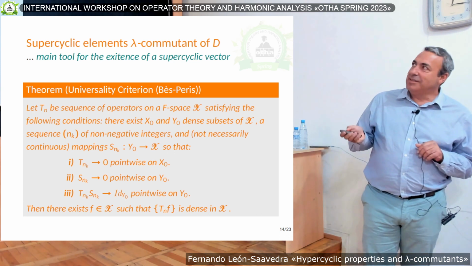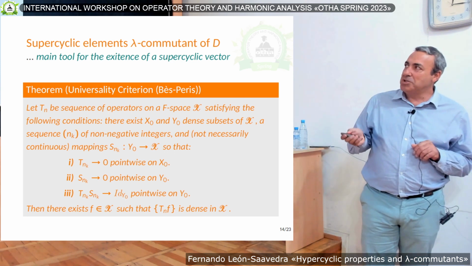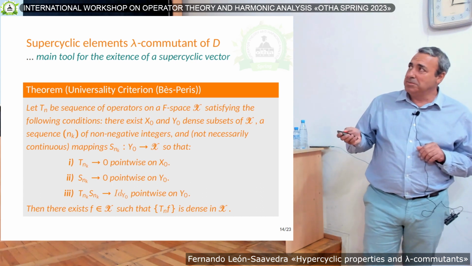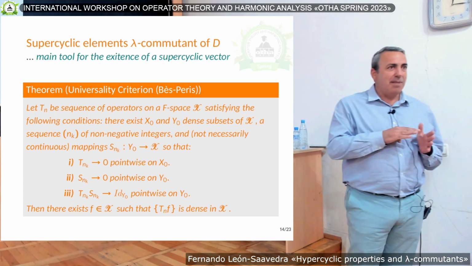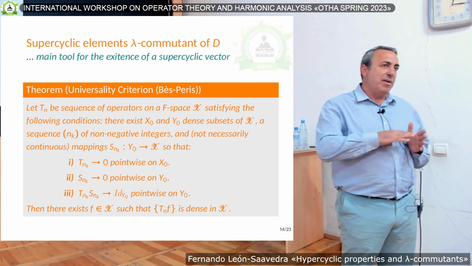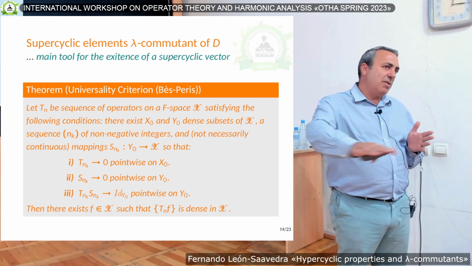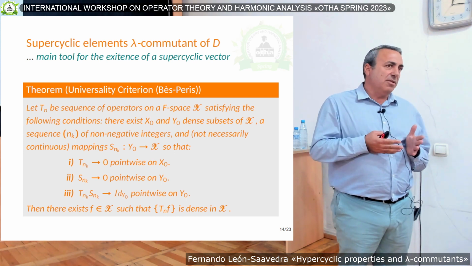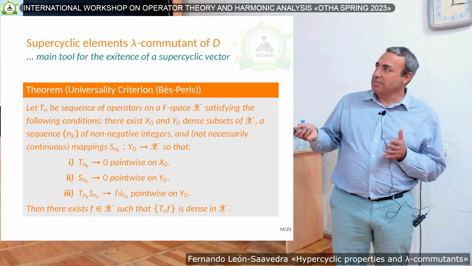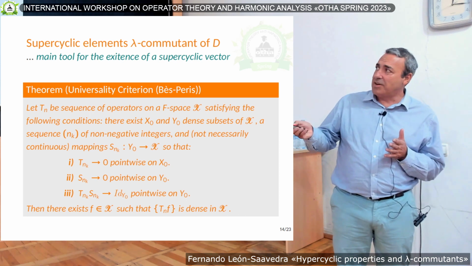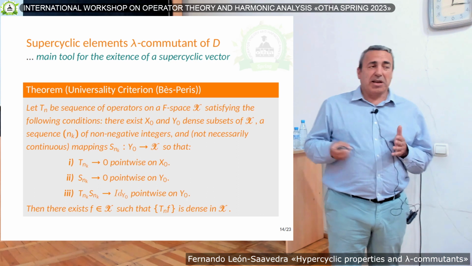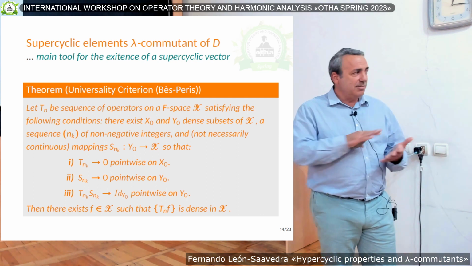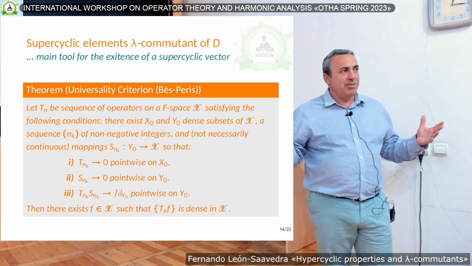This is the hypercyclicity criterion, the universality criterion, which means that if you have a sequence of operators and you have a big control of the powers of the sequence of operators on a dense subset and on the sequence of right inverses, then you have chaotic behavior.